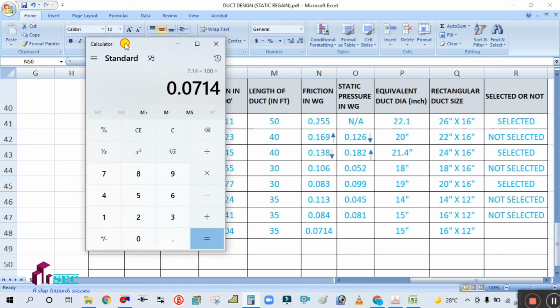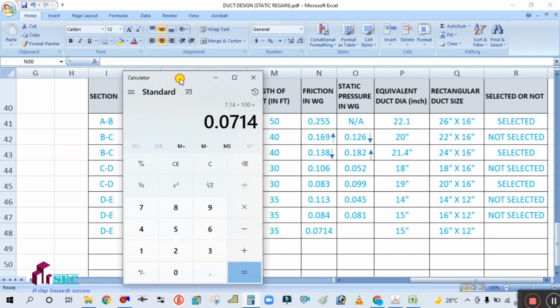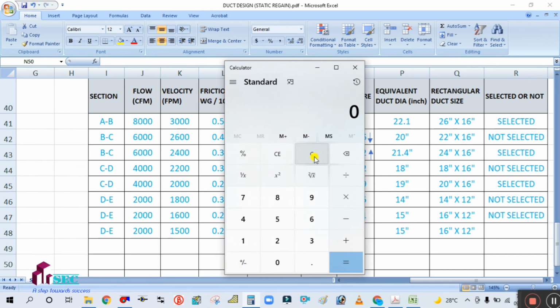For static pressure, first (V1 by 4000) whole square is nothing but 0.25, as V1 is now 2000. Then V2 is 1500, so 1500 divided by 4000 whole square is 0.140.